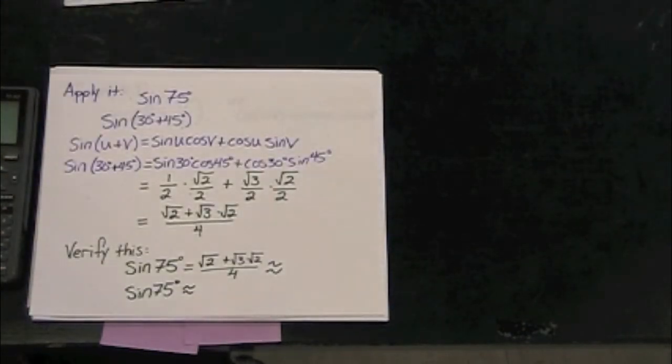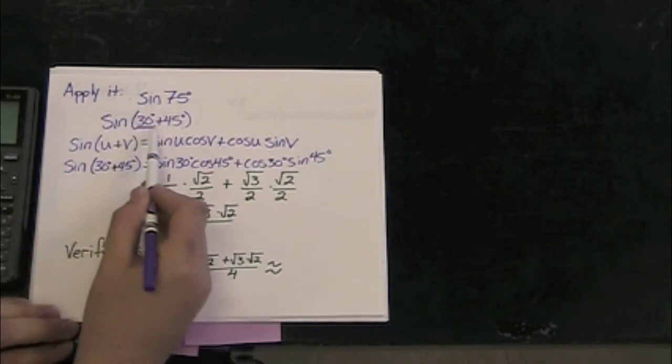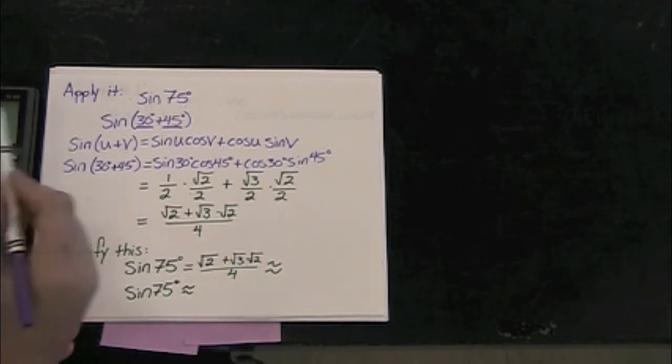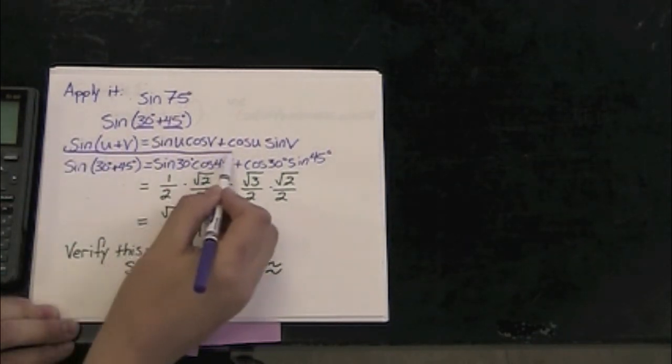Let's start off by applying it to our initial question. How do I find the sine of 75 degrees? Let's set this up as the sine of 30 degrees plus 45 degrees. That's going to require our sum sine formula.